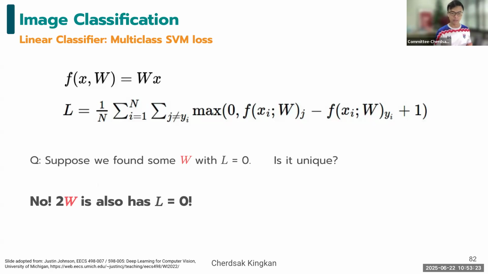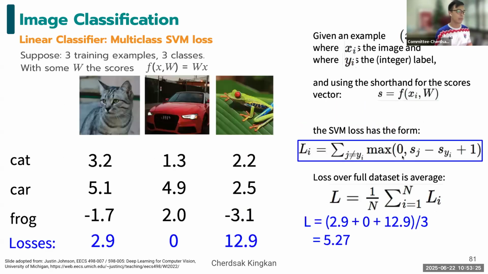This score comes from the matrix W multiplied with the feature vector of the image. So we are finding a good value of the matrix W. We want to optimize this.